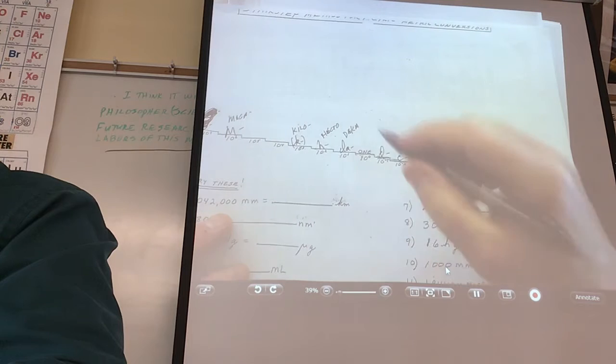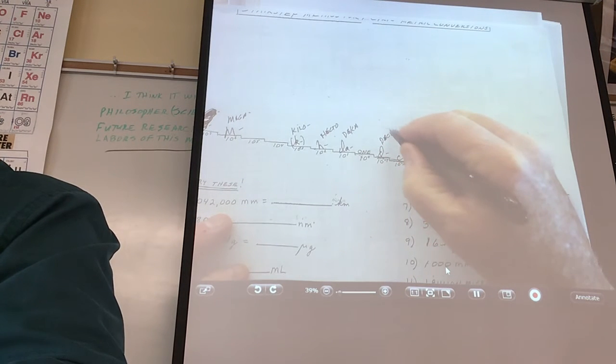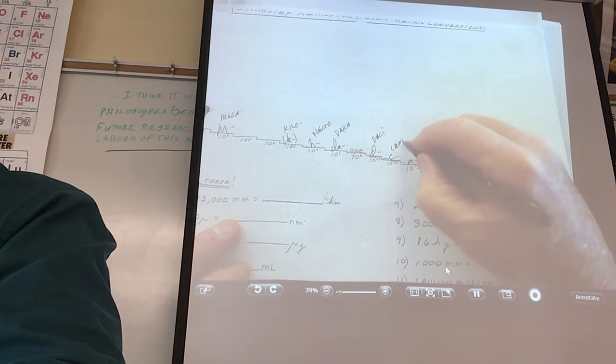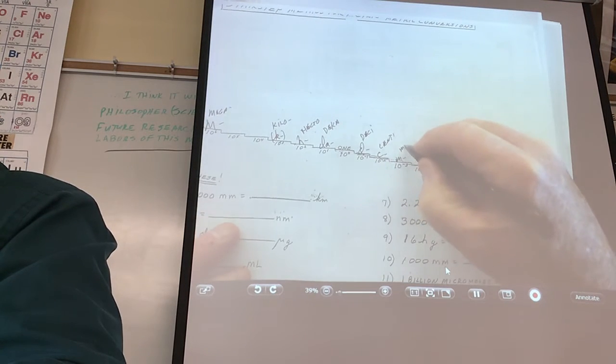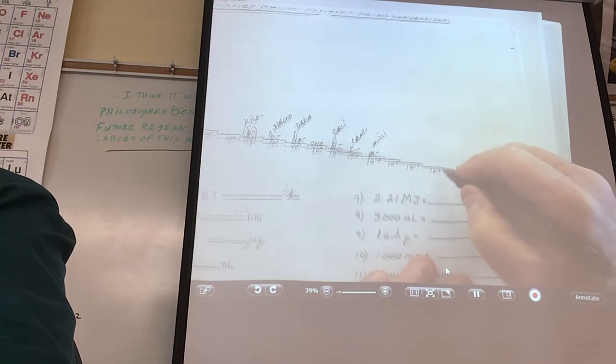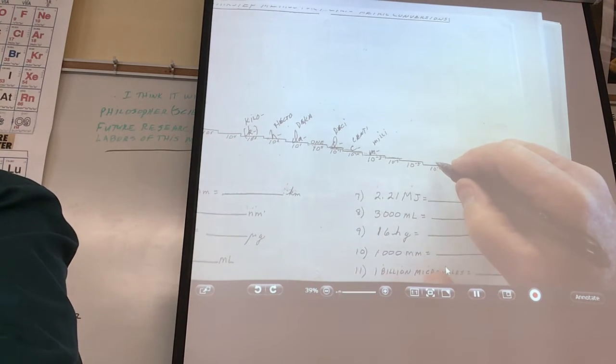So this one is deci. It has the decimal. That's 0.1. Here's 0.01, centi. Here's milli, 0.001, a thousandth. Now we go down here. This is really small, isn't it? 10 to the minus 6 meters, a millionth of a meter.